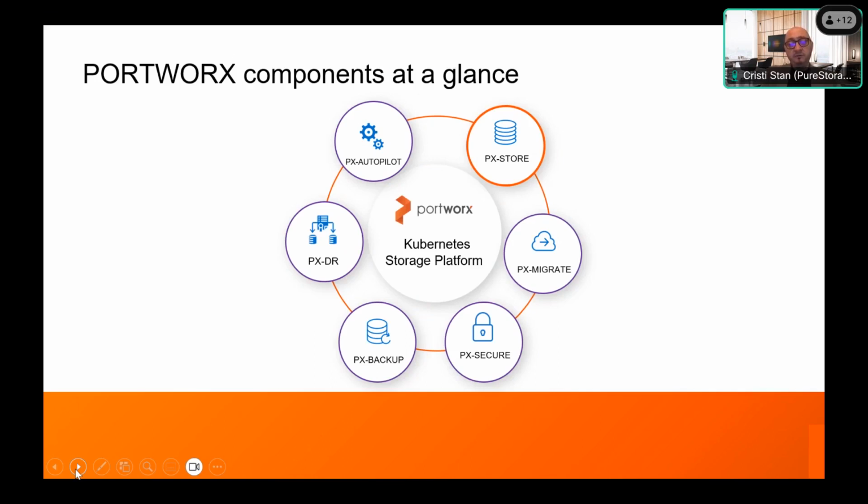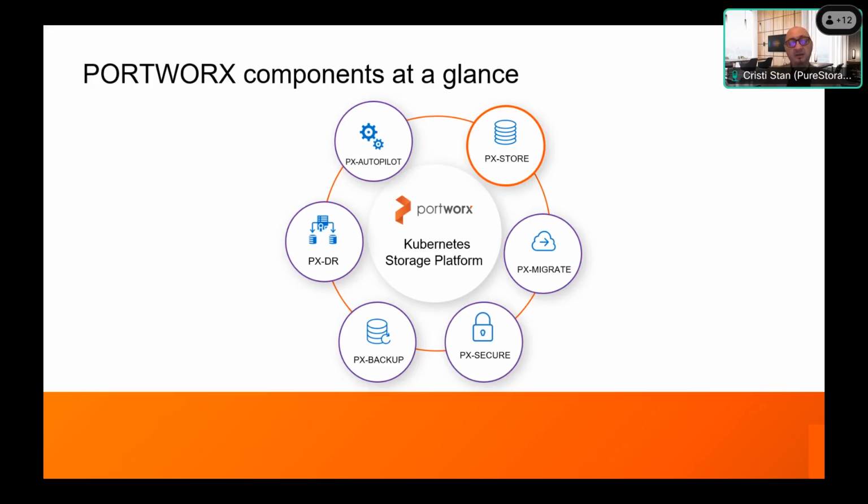You activate Autopilot and say, the moment you reach 60% occupancy on the volume, please increase my volume by another 20%, or another 200 gigs, and do this operation until you reach 2 terabytes. This works on-prem and in the cloud. It's very appreciated because you have a control mechanism not to waste resources in the cluster. All these 4 components are part of PX-Enterprise.